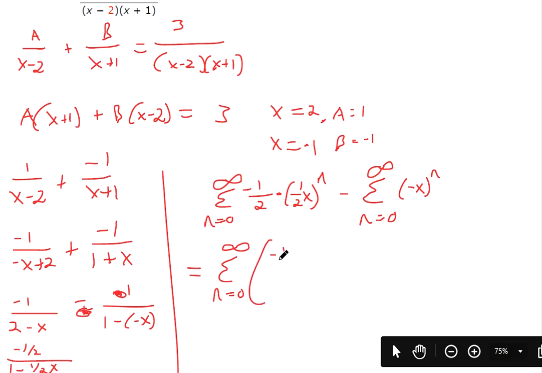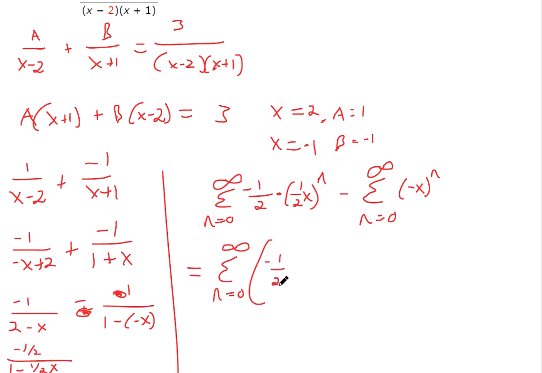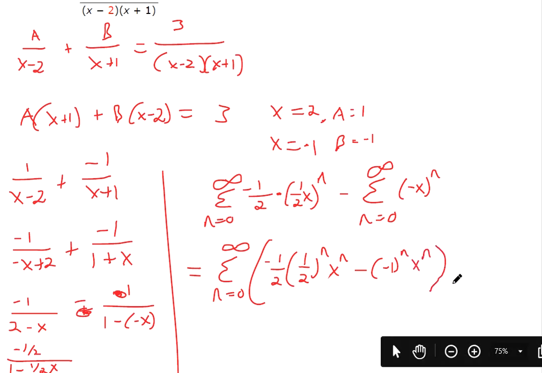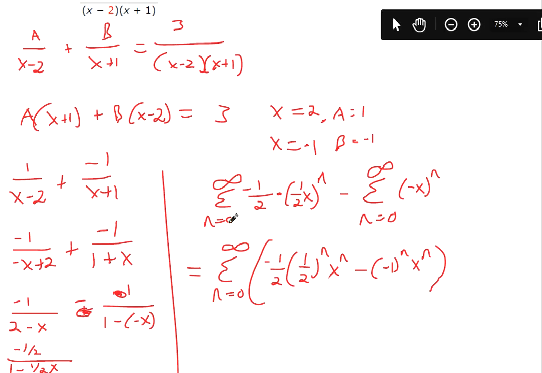So this is -1/2 times, here, this is (1/2)^n x^n minus (-1)^n x^n. Yeah, so we're able to do that because of theorem 6.2.